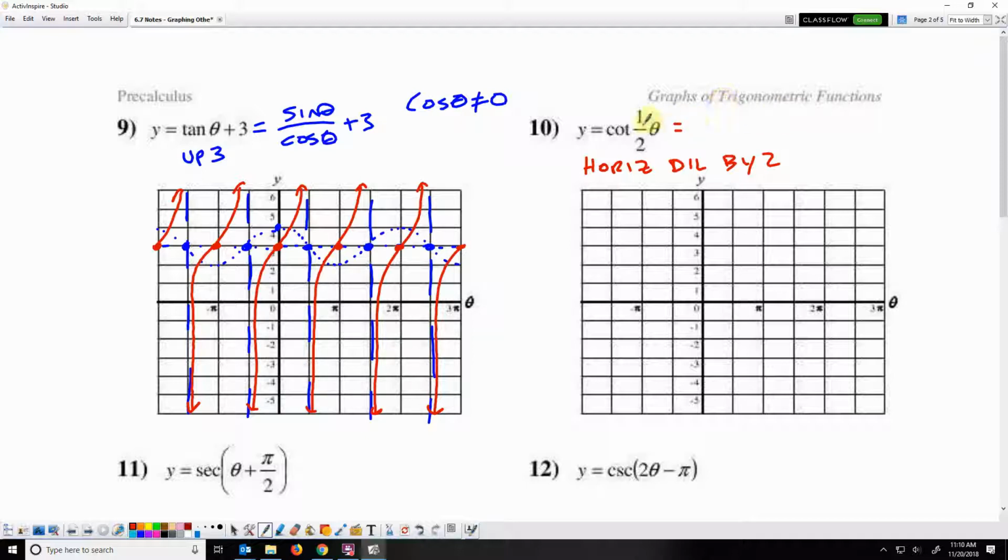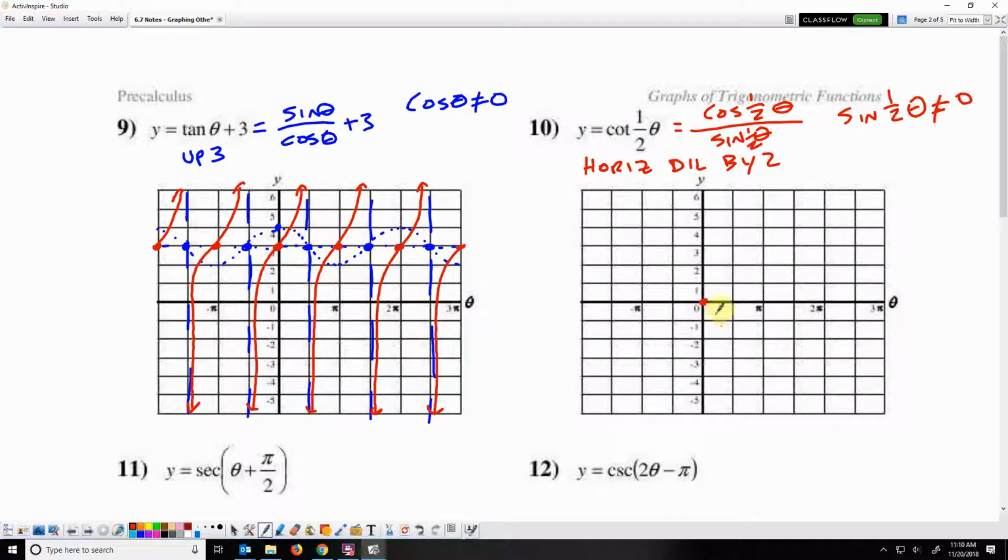So because it's cotangent, it's cosine over sine, so cosine 1/2 theta over sine 1/2 theta, which means that sine 1/2 theta cannot equal 0. Sine wave starts right on its axis and is not shifted up or down, so it's right here on this axis.